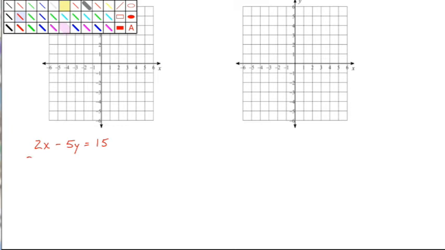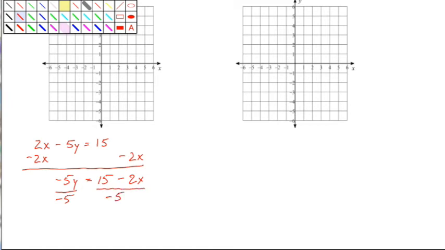So I'm going to subtract 2x from both sides, and the x's disappear, and I'm left with minus 5y is equal to 15 minus 2x, but I've still got something modifying my y. This is multiplied by minus 5, so I need to divide both sides by minus 5, and that means dividing everything by minus 5.